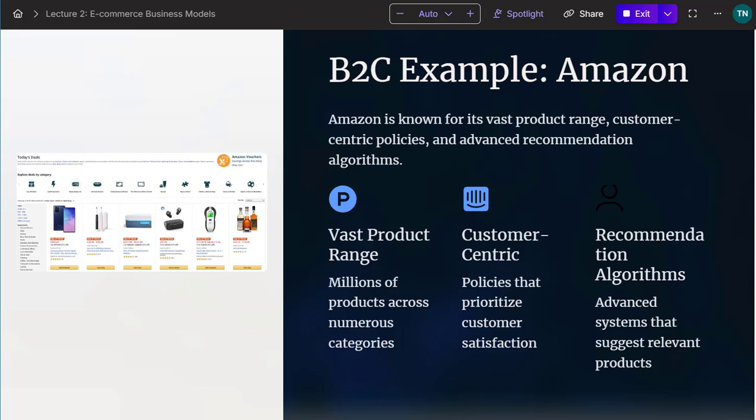Amazon prioritizes customer satisfaction through policies and features that enhance the shopping experience, such as easy returns, faster shipping, and personalized recommendations. The company's recommendation system leverages data and machine learning to suggest products that are highly relevant to each individual customer, driving increased engagement and sales.